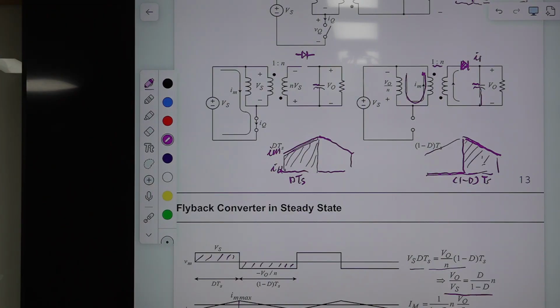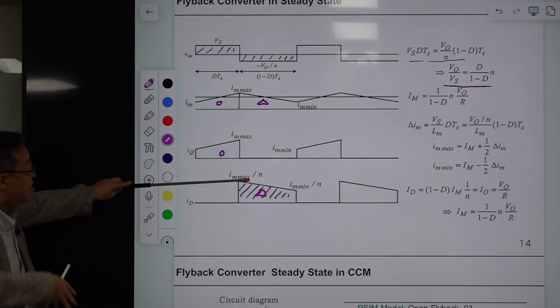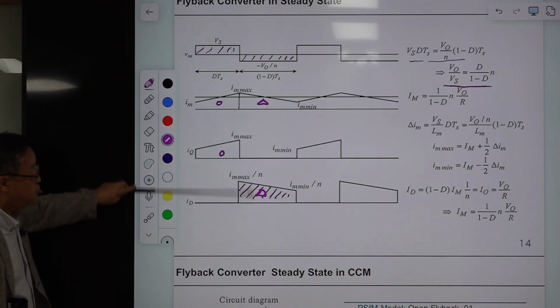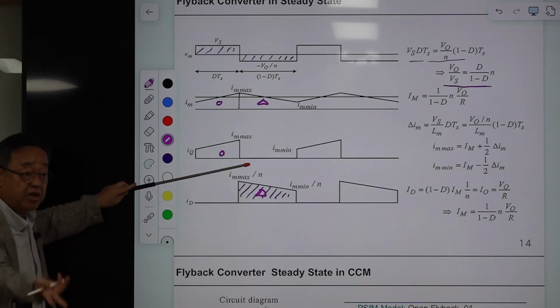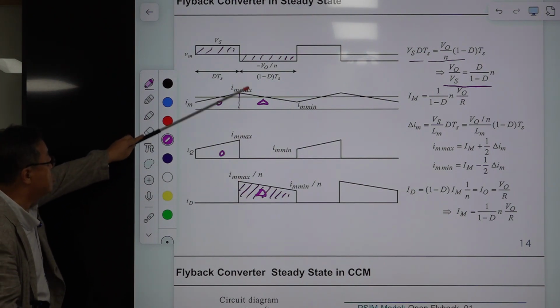So this scaled IM becomes ID. All right, so this is related with this, but not the same. It's scaled down or scaled up. If N is 1, they should be the same, but other than 1, they can differ, right? Because of the turns ratio.